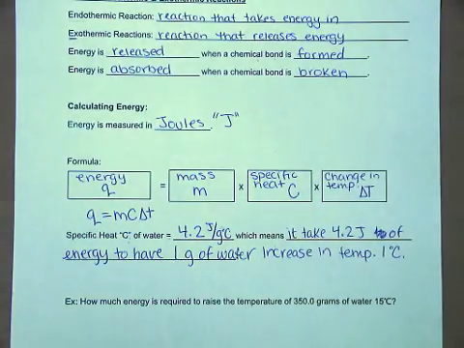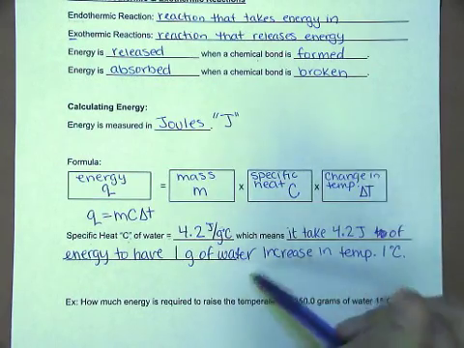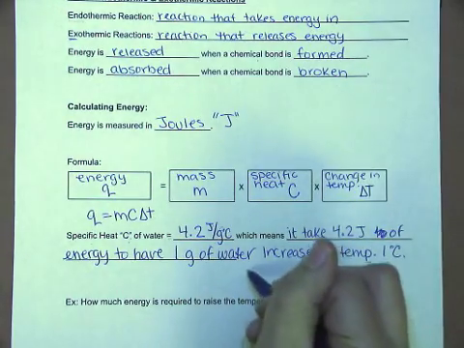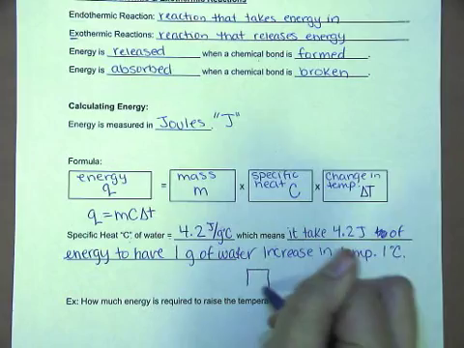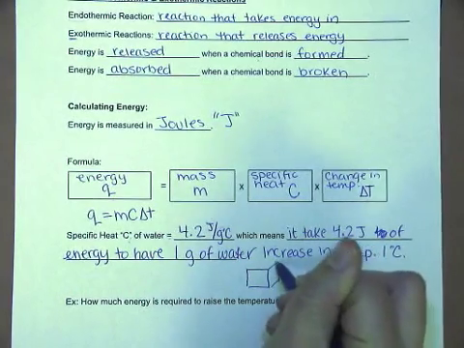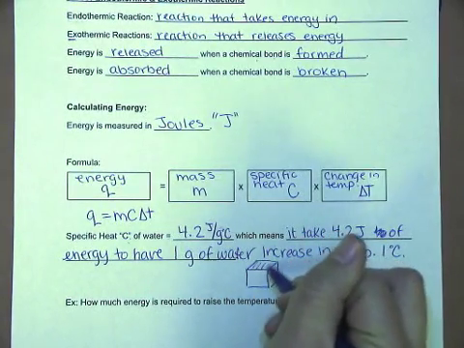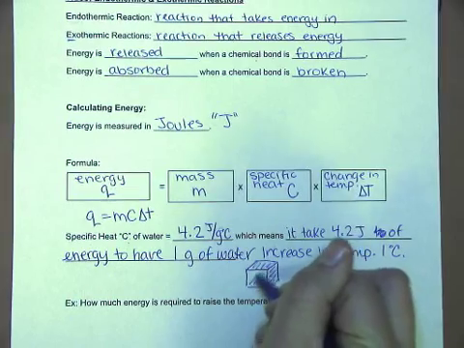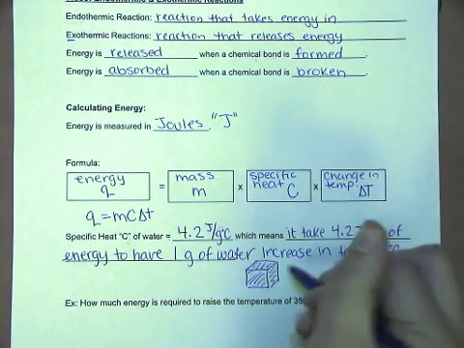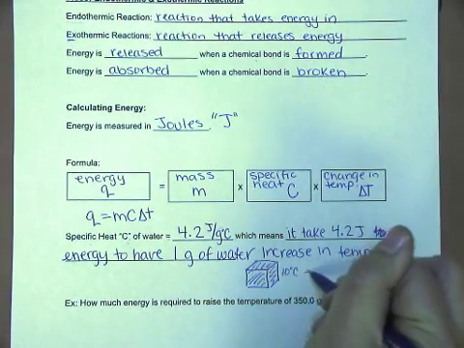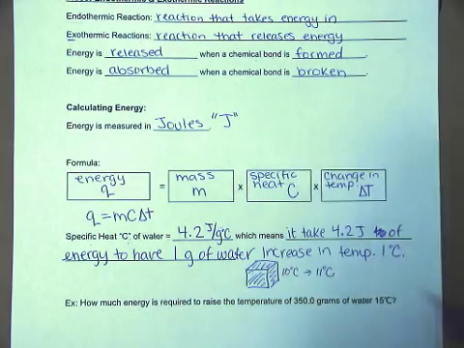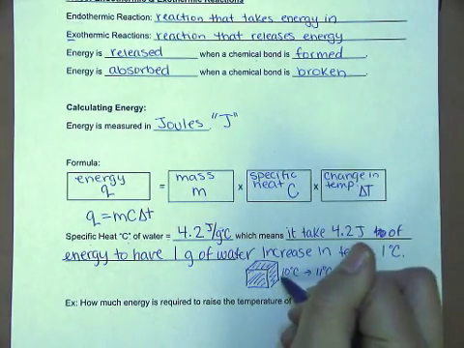So if I have a gram of water, which is a milliliter, a cube of water, centimeter by centimeter by centimeter, and I want to increase its temperature from 10 degrees Celsius to 11 degrees Celsius, I need to heat it.